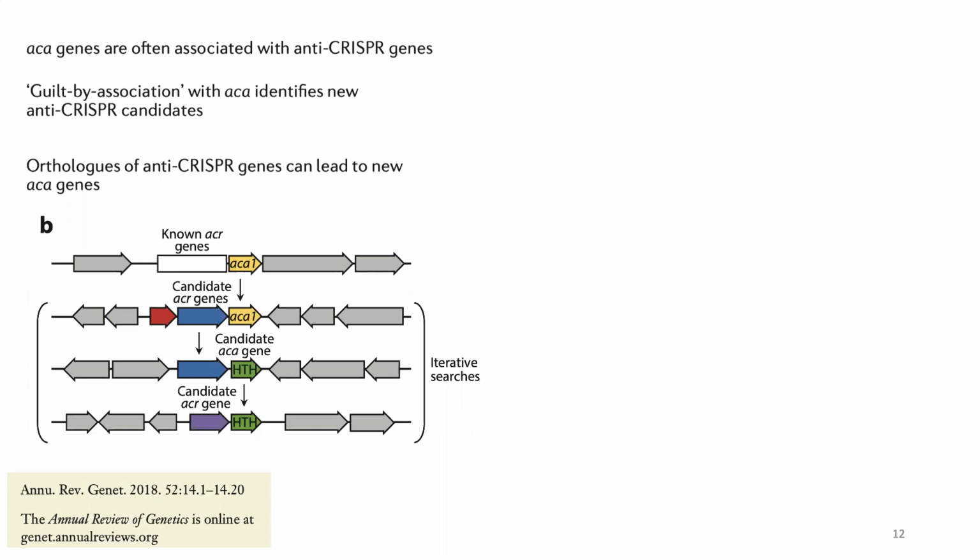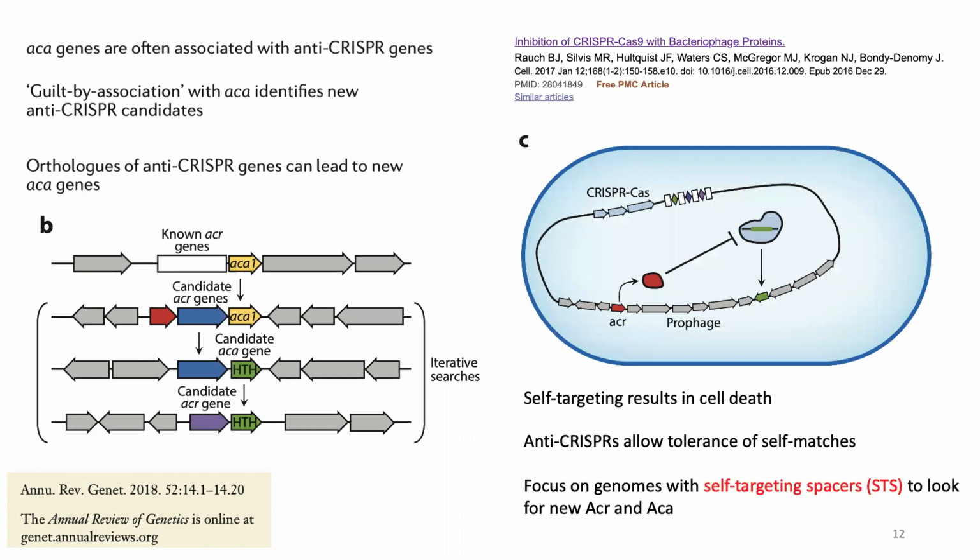So many of the known ACR genes were found by using this approach with iterative search of ACR and ACA homologs. The second approach is called self-targeting spacer, or STS. The idea is that, shown on the right, if a bacterial genome contains CRISPR-Cas and its CRISPR spacer has some identical matches elsewhere in the genome, that means the CRISPR RNA can guide the Cas enzyme to target its own genome, which will lead to autoimmunity and kill the bacteria itself.